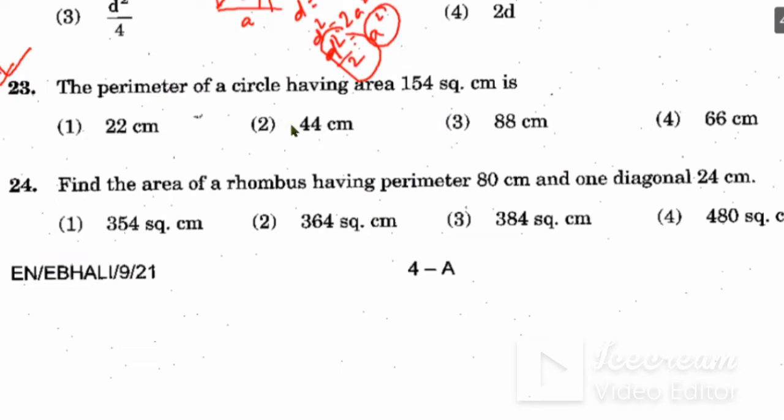The perimeter of a circle having area 154 centimeter square is, area is given, you have to find perimeter. Very easy question. You know the area of the circle is pi r square, that is equal to 154. Now you have to find r, that is equal to under root of 154 into 7 by 22.